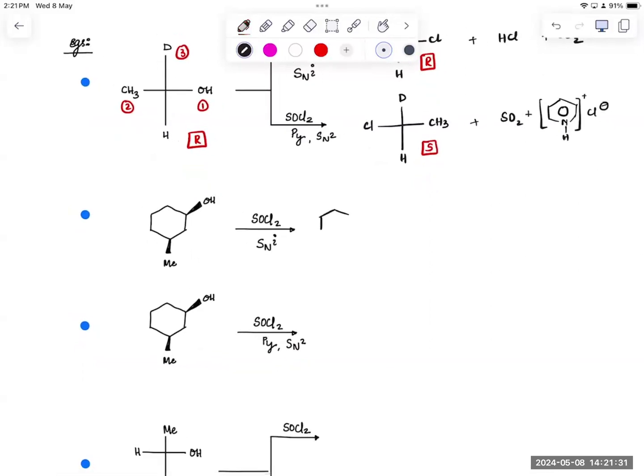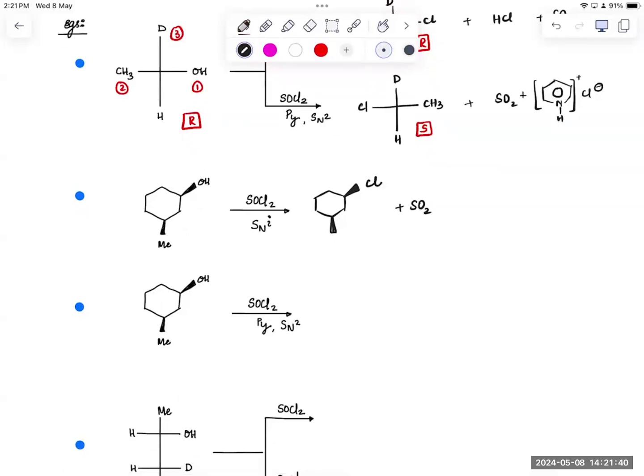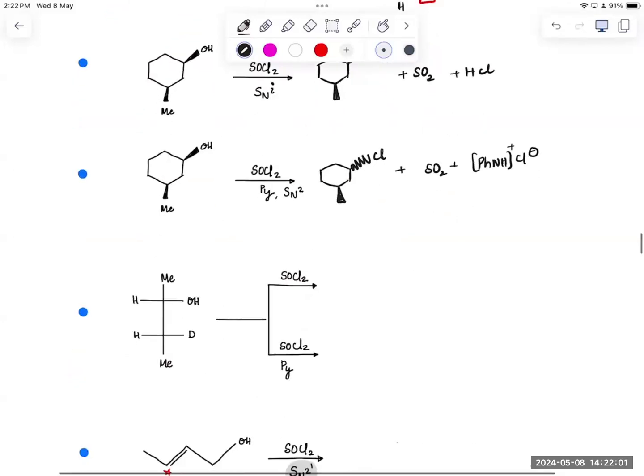Same logic here also. If it is SOCl2, it will be SNi mechanism. SNi means retention, so I'll write this as the product. The rest will be SO2 and HCl. Same question: if you write it in terms of pyridine, then this is how I'll write the chloride: SO2 plus PhNH plus and Cl minus. That is about writing the pyridinium chloride.